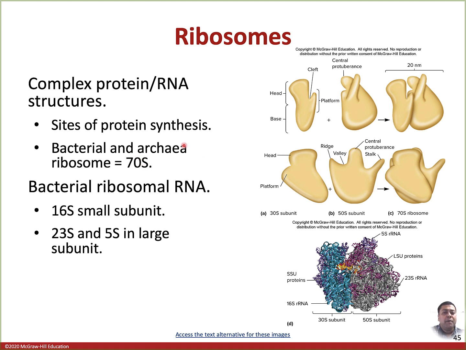So this Svedberg unit, or the sedimentation coefficient, gives you a relative idea of where and when these structures are going to precipitate. As a general rule, a larger S value means it will precipitate faster than a smaller S value.